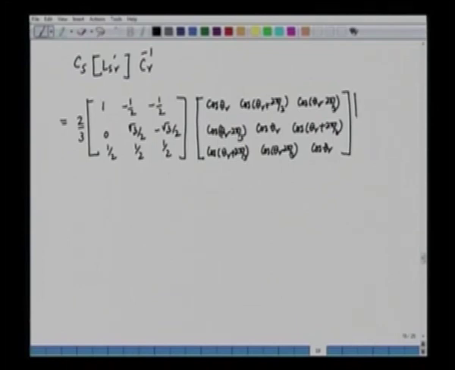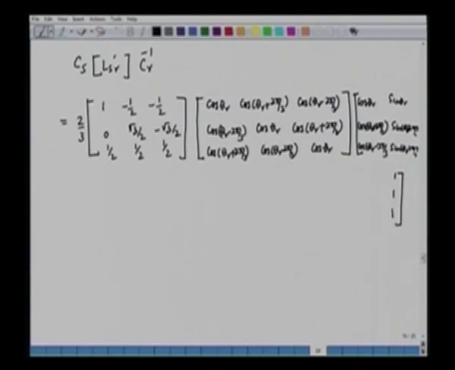Now, what is CR inverse? CR inverse is the following. This is cos theta r, cos theta r plus 2 pi by 3, cos theta r minus 2 pi by 3, sin theta r, sin theta r plus 2 pi by 3, sin theta r minus 2 pi by 3 and 1, 1 and 1.